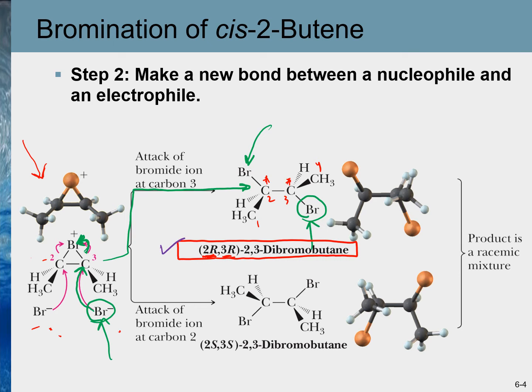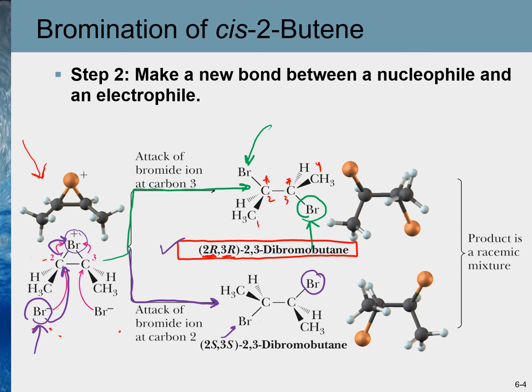Now let's see what happens if the bromide attacks at the number 2 carbon. So if bromide attacks at number 2 carbon, this new nucleophile, let me remove the green ones now, and the bond will move here. In this case, the original bridged bromide ion will be present at carbon number 3, and the new nucleophile is present down here because the attack is at the anti-position.